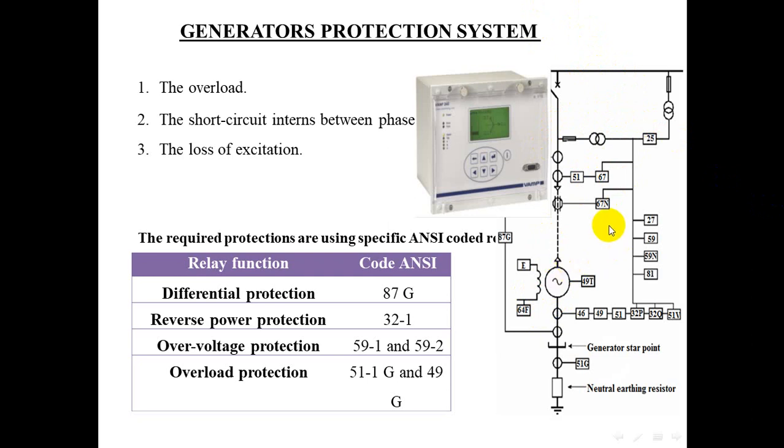AC injection method, or alternating current injection method. 3. DC, or direct current injection method. So these are the three methods of detecting the fault in the rotor.